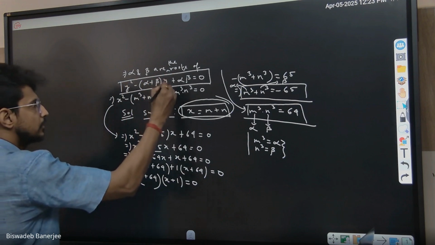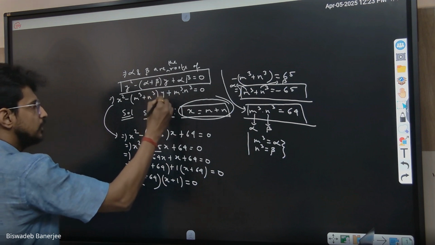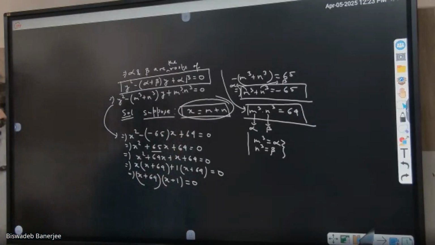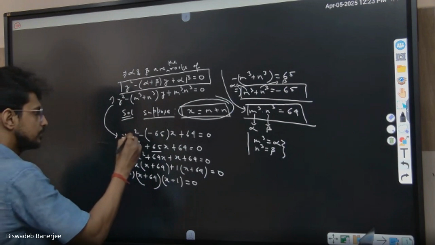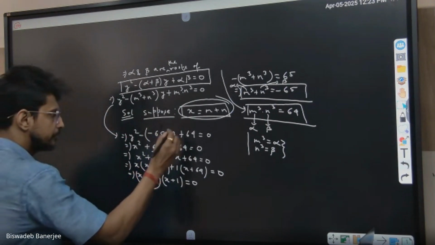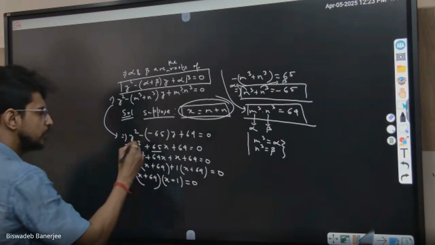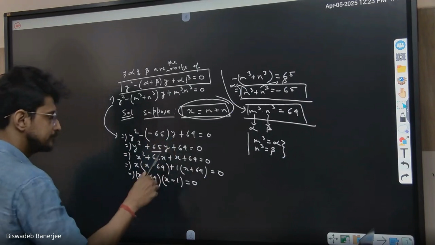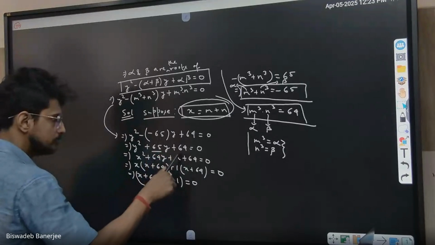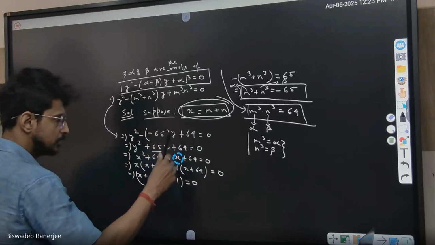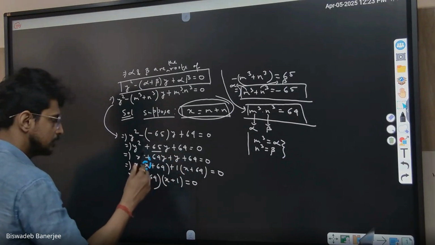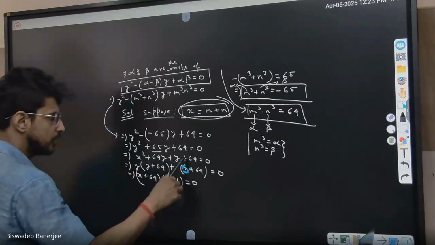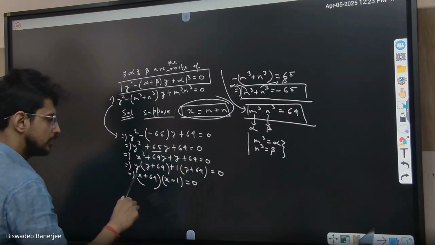Just replace x by y in all these steps, because x is already present here. You can take z as well, whatever you like.